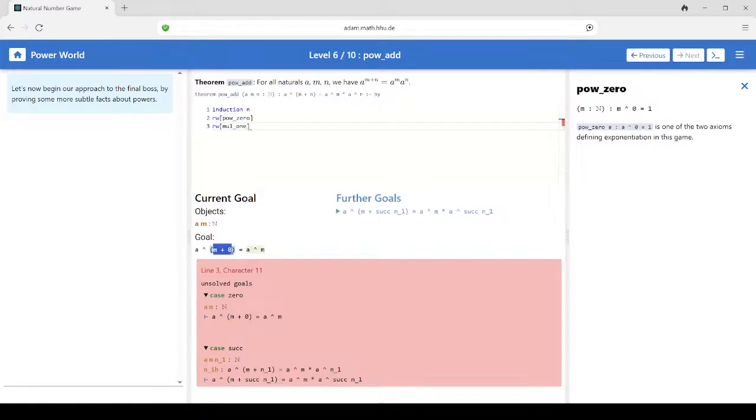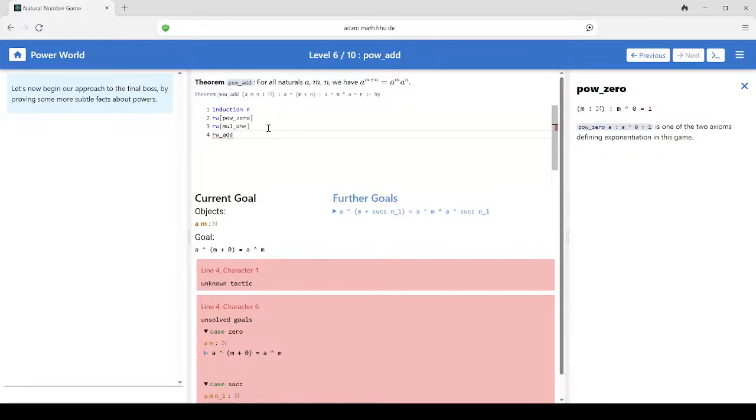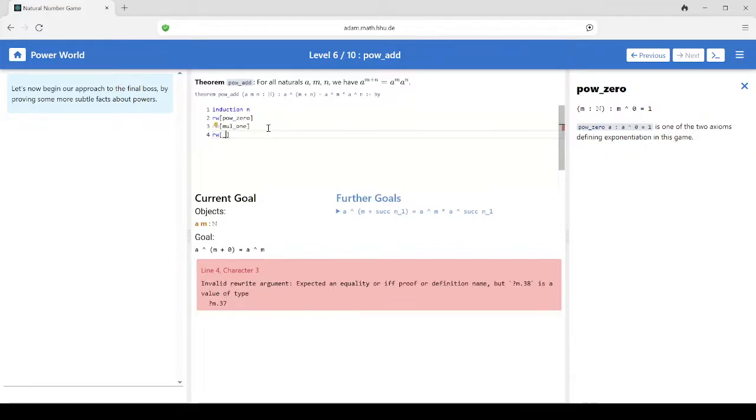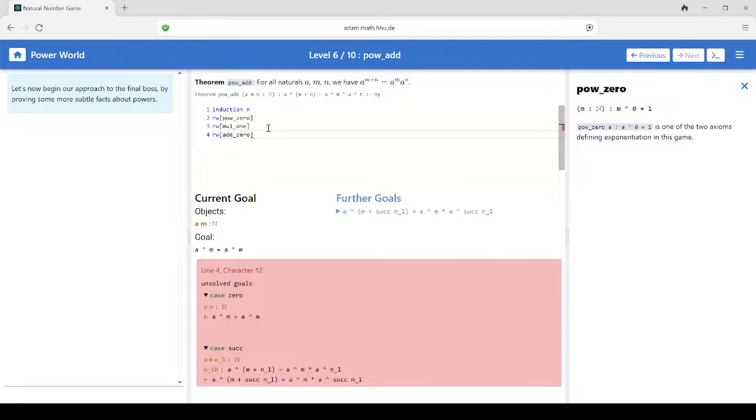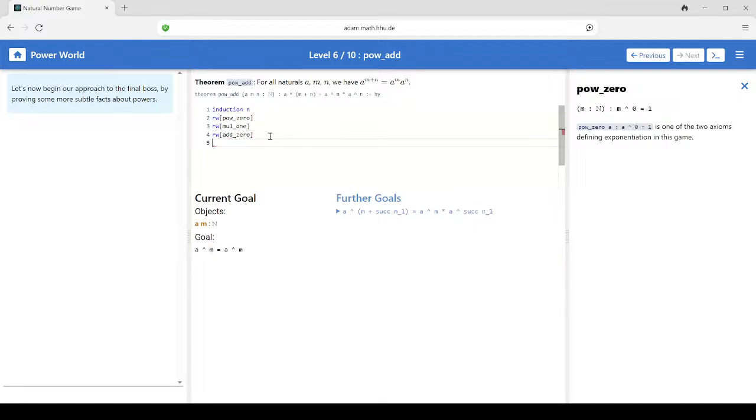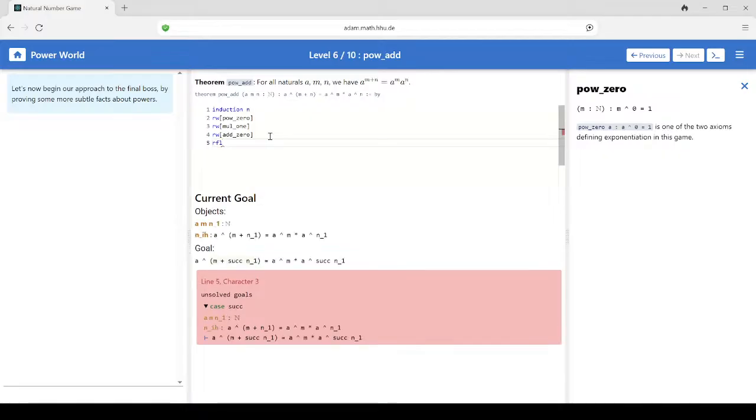Also, anything plus 0 is itself. And that's that part done.